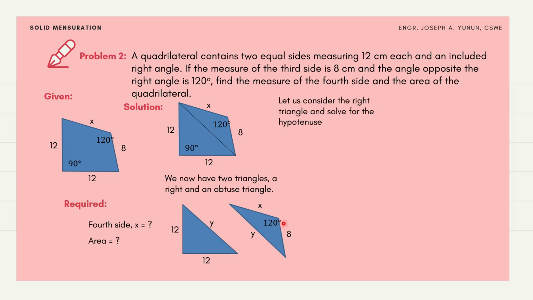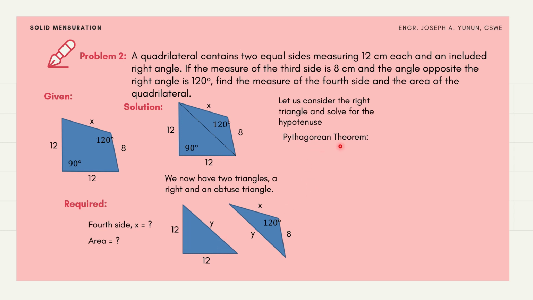I'll first consider the right triangle and solve for the hypotenuse, which is the diagonal here. You can use the Pythagorean theorem given two sides, or a trigonometric function like tangent, sine, or cosine, since this is a right triangle with equal sides, so the angle here is probably 45 degrees.